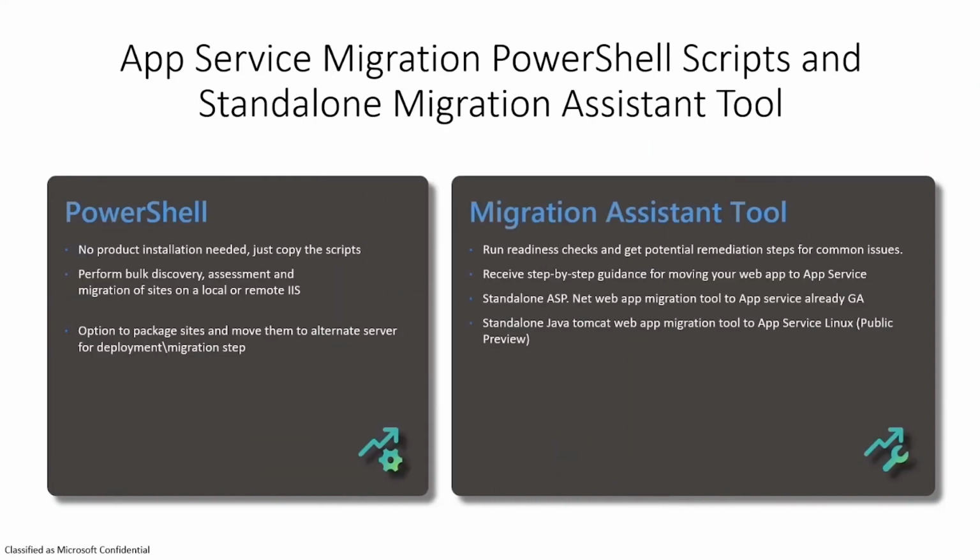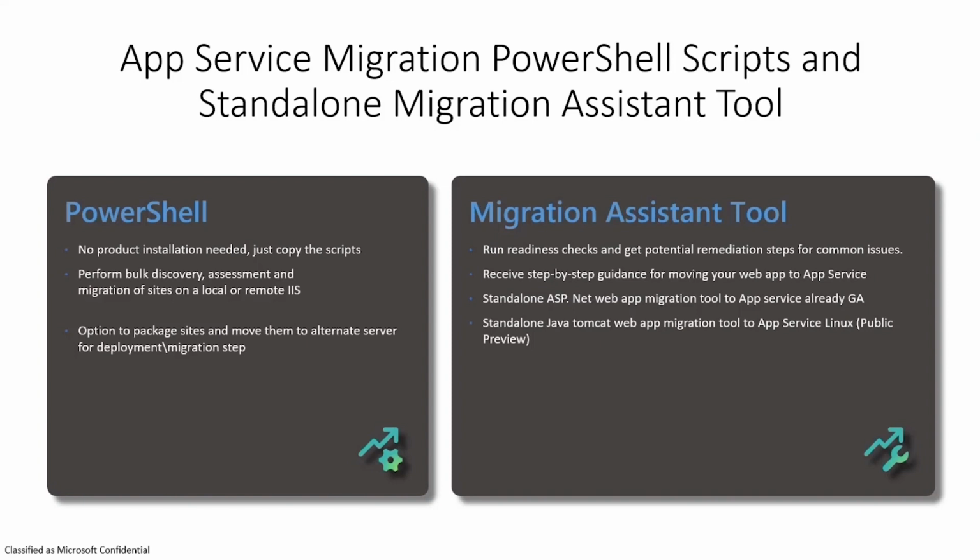From a PowerShell script and the standalone migration tool perspective, one good use case for both of them is if you want to do a quick migration, you don't need to get into the complexities, or you're not looking to install an appliance. That's where you can look at using PowerShell or the migration assistant tool.